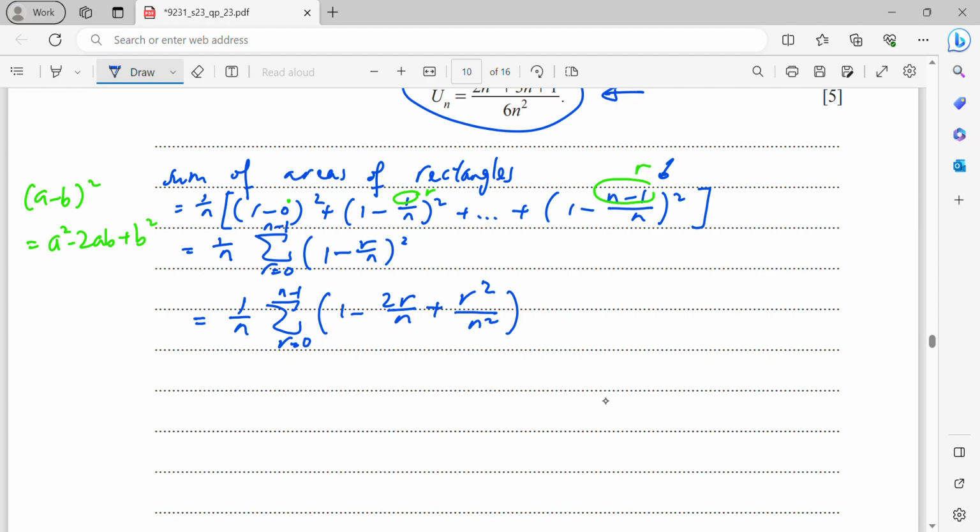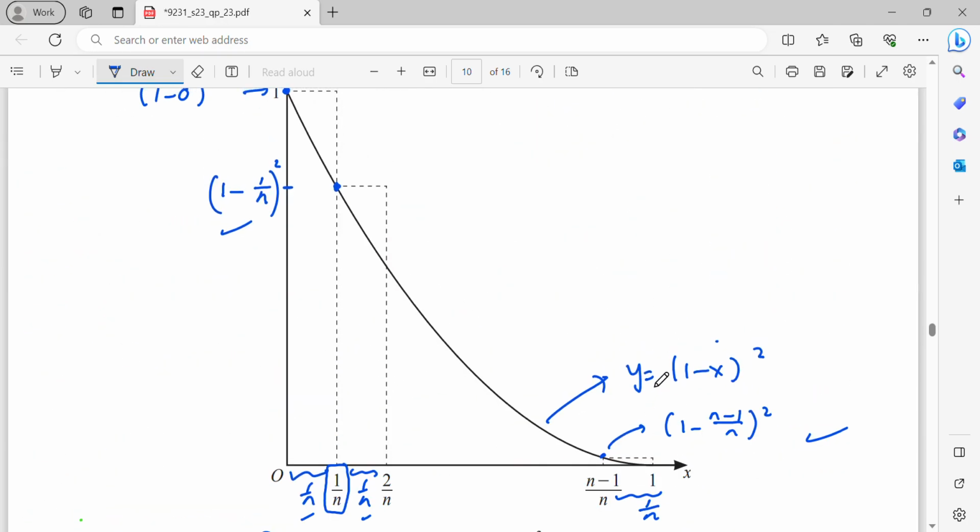Now, for your information, when you refer to the formula list, you will always be given the summation where r starts from 1 until n. Here our r starts from 0, so I want to change to starting r at 1 and the last r at n. That means I will write 1 minus 2r over n plus r squared over n squared. Now look at here, 0 to n minus 1.